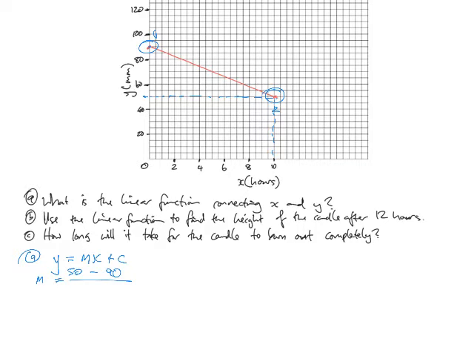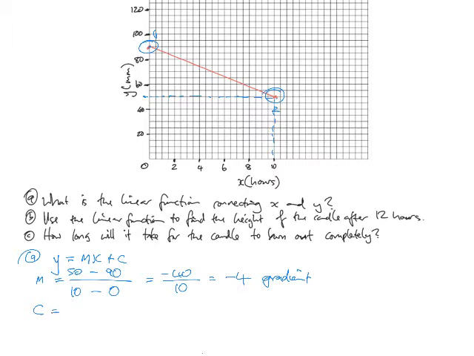The x-coordinate of point 2 is 10, and the x-coordinate of point 1 is 0. So 50 take 90 is going to be negative 40. 10 take 0 is going to be 10, so it's going to be a negative 4 gradient. And that makes sense. The slope is going down. It's going down and to the right, so it's a negative slope.